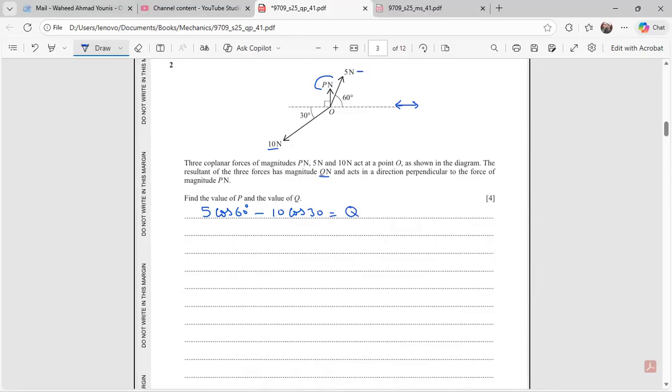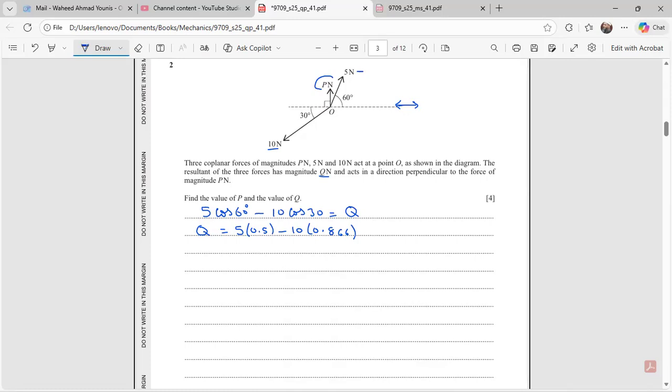Okay. So from here, we find that Q equal to 5 into cosine of 60 degree, which is half, so 0.5, minus 10 into cosine of 30 degree, which is square root of 3 by 2 or 0.866.